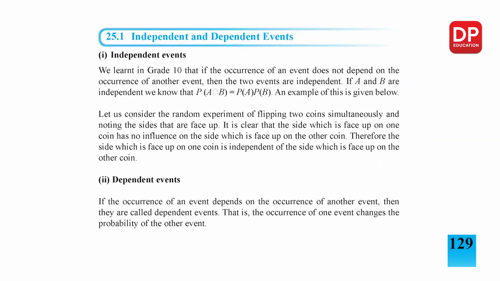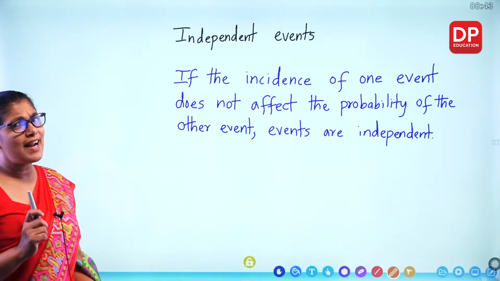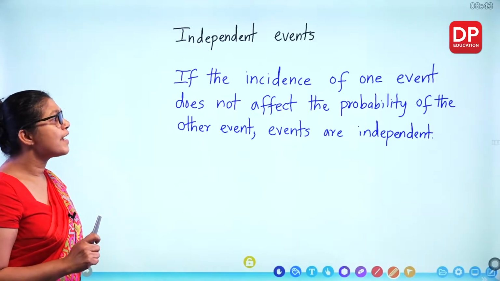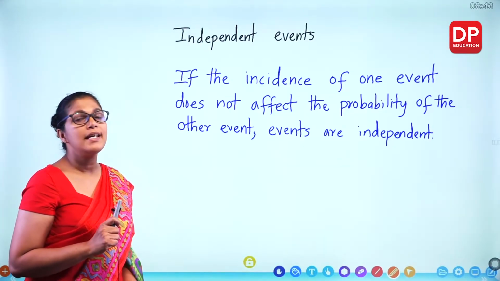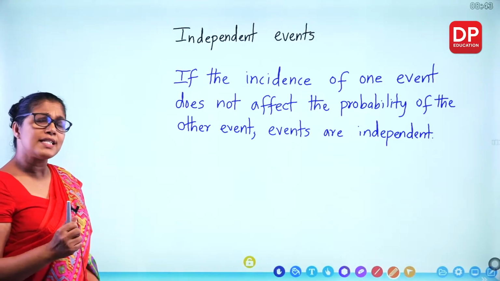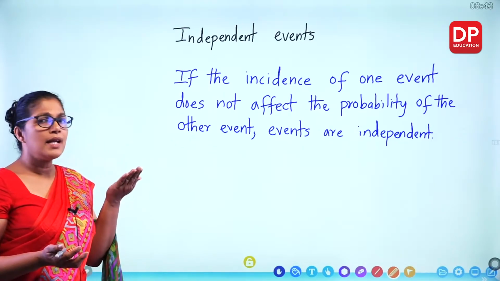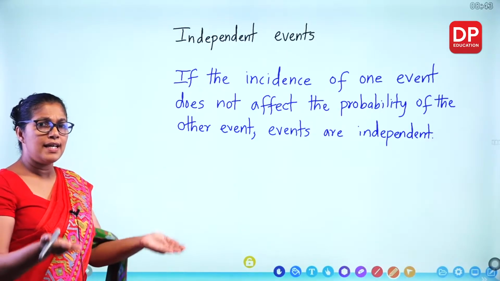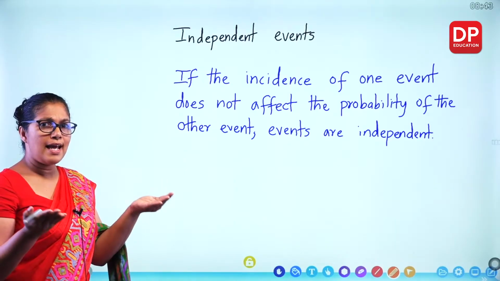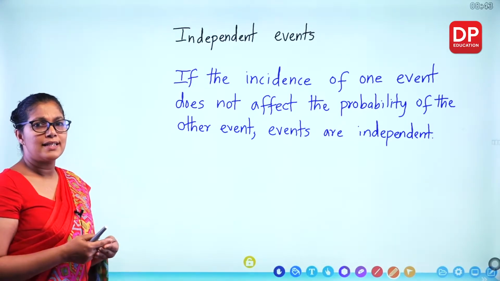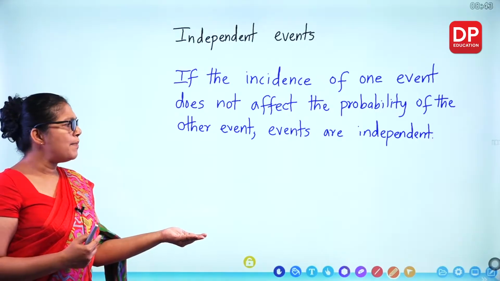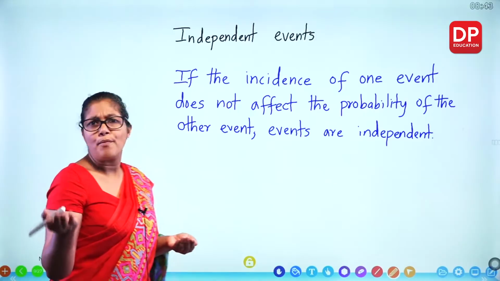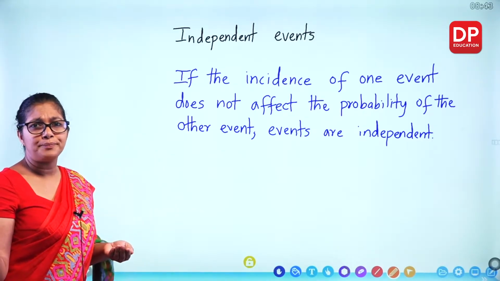Now we'll see what are independent events. We did this in grade 10. If the incidence of one event does not affect the probability of the other event, events are independent. We'll take an example. Take a coin and a fair die. We toss the coin and the die at once. The probability of getting a head does not affect the probability of getting any number.